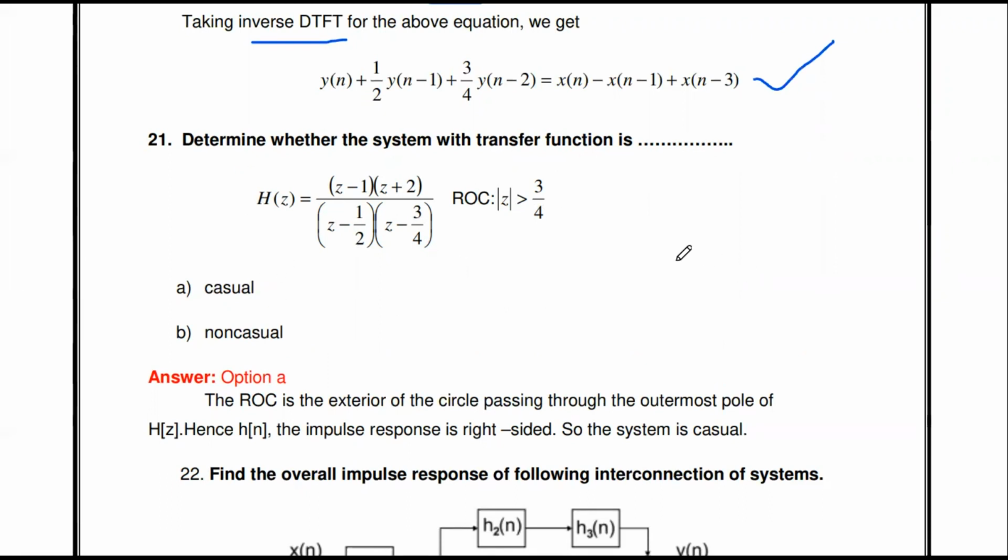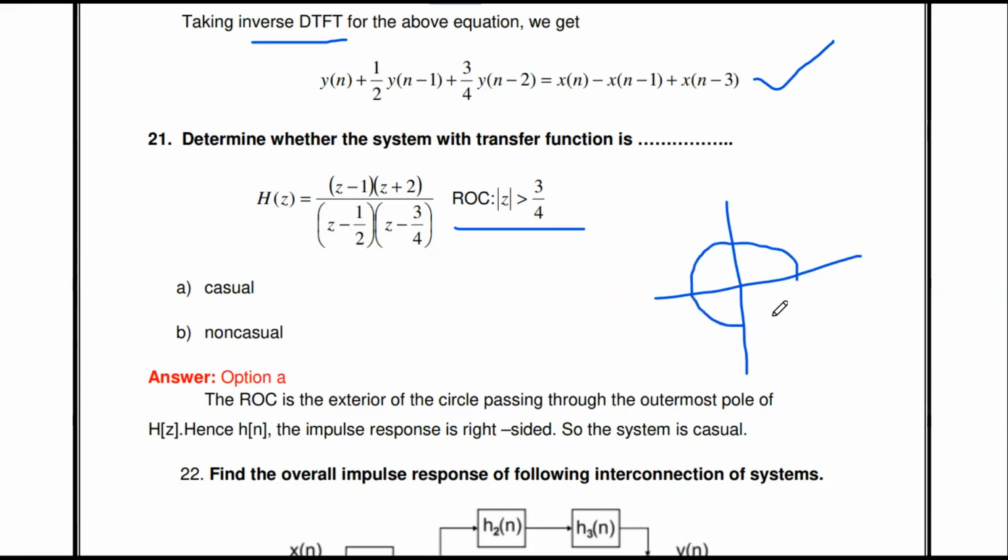Okay, we already discussed this type of problem, causality and stability, in a previous video. So you already know, according to the ROC, if the ROC is the exterior part of a circle having some radius, that system is called a causal system. So here you see the ROC condition. The ROC is given as modulus of z greater than 3 by 4. What does modulus of z greater than 3 by 4 mean?